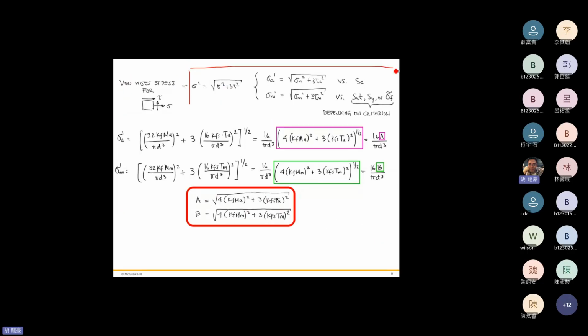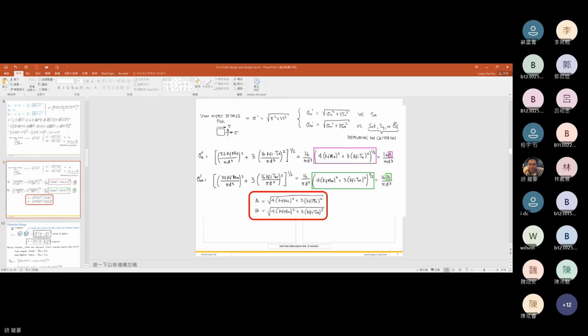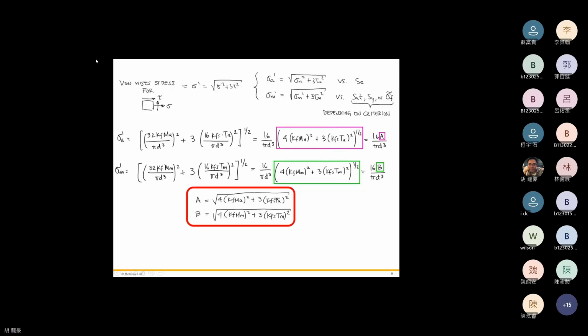Okay, so this is what we get from the previous slide. So the sigma A prime here.